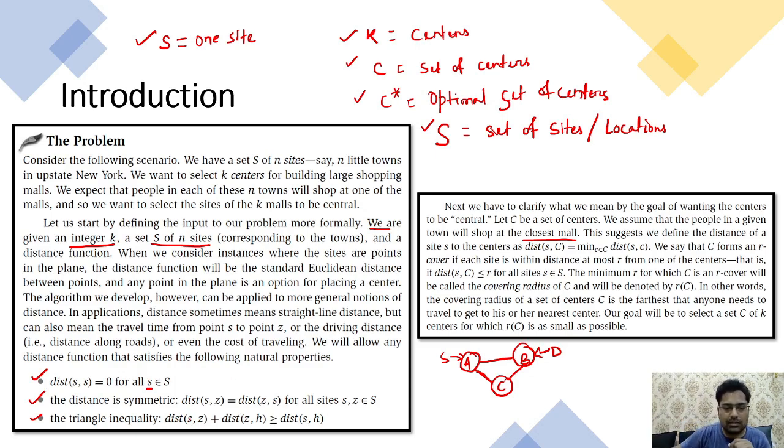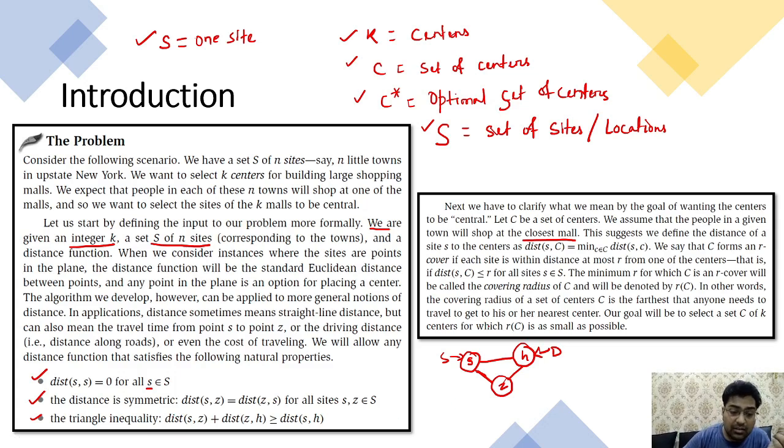Here is the same thing with a different naming convention, which will be better for you to understand: small s to z, and s to h, then h to z. Whichever is the lesser value, we will pick that one. So that is what triangle inequality means.